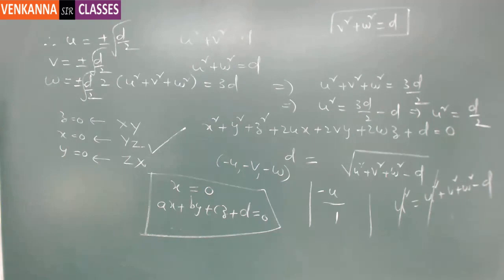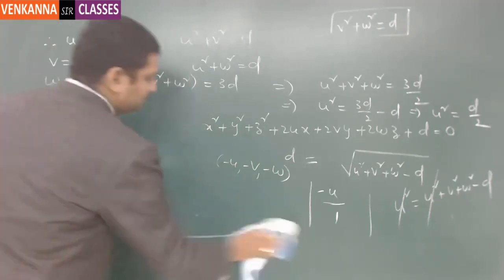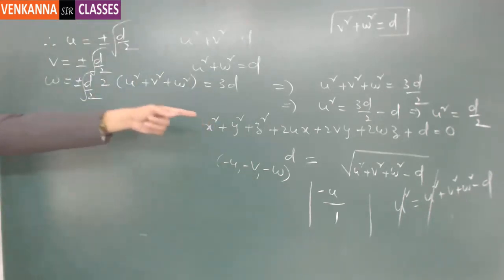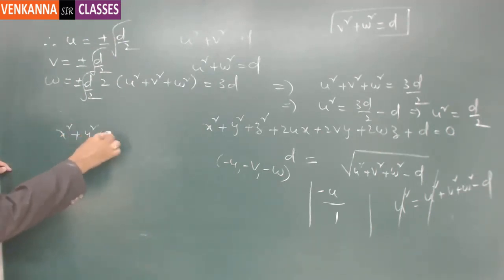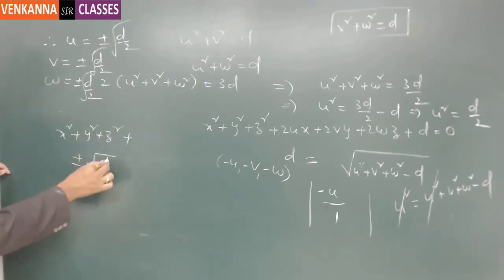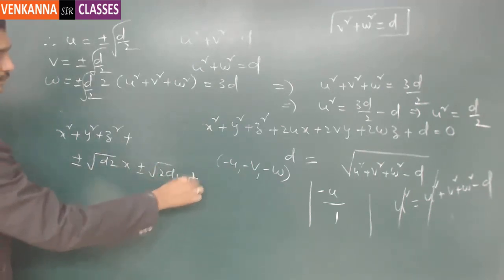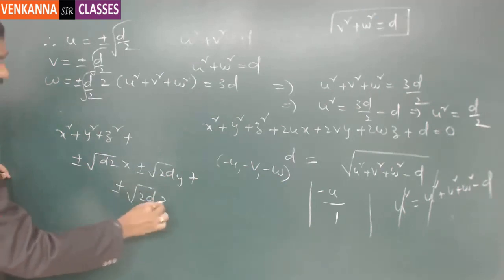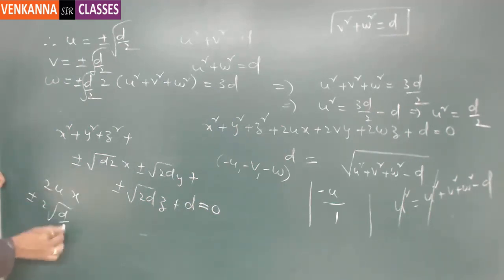So if you substitute all these values in the general equation of the sphere, if you substitute u, v, w values there, the sphere equation will become x square plus y square plus z square, plus or minus root of 2d, which I will simplify. Because if you take 2ux, it is nothing but plus or minus 2 into root of d by 2 x.